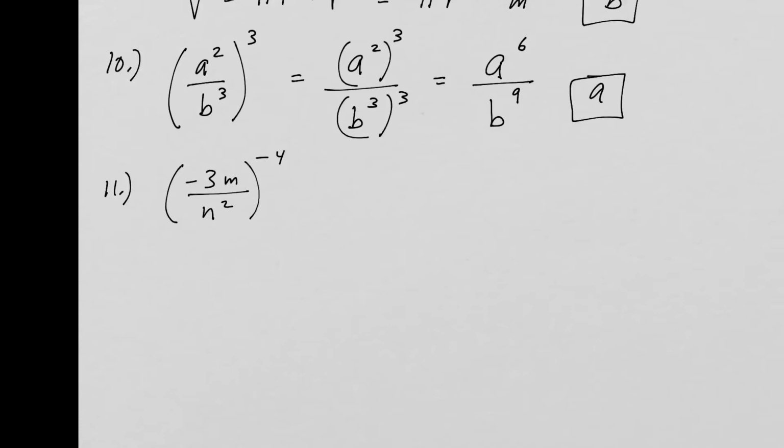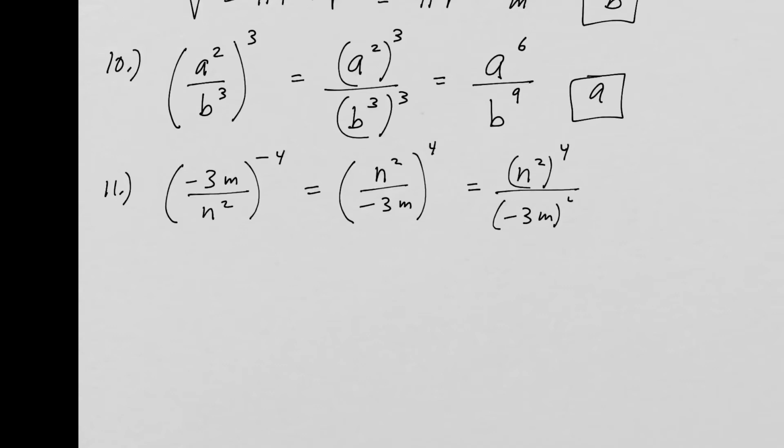What you can do, the rule is you can flip the quotient inside, so I can flip that fraction inside, and then this becomes a positive 4. So that's the first step, okay? Then now you can think of it as I'm raising a quotient to a power, so that means the numerator gets raised to the 4th power, and the denominator gets raised to the 4th power.